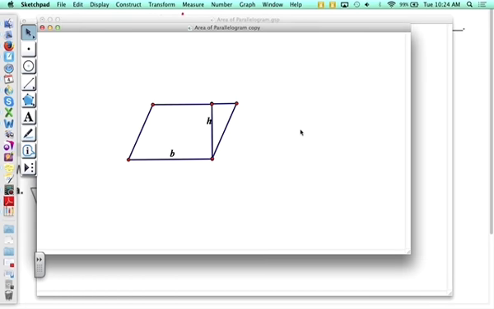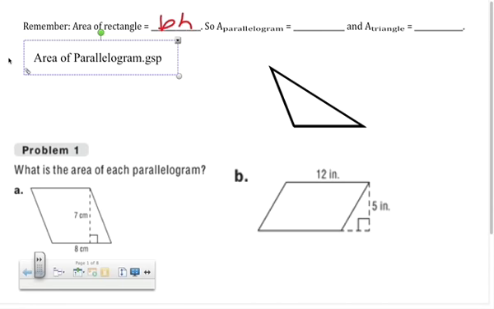Notice this parallelogram has base labeled B and height labeled H. Notice what happens if I take this chunk and bring it over here. It becomes a rectangle. You already know that the area of a rectangle is base times height, so doesn't it make sense that the area of this parallelogram will also be base times height?